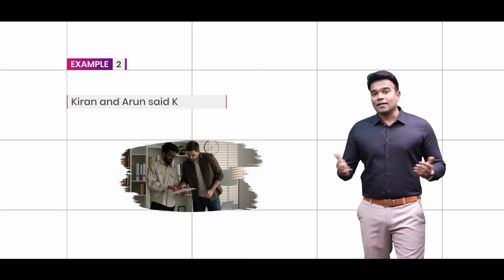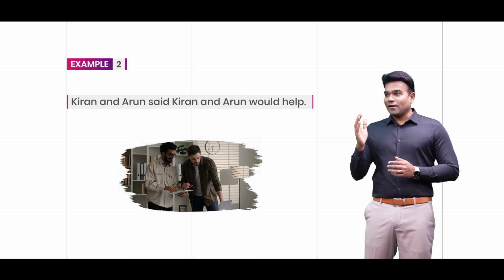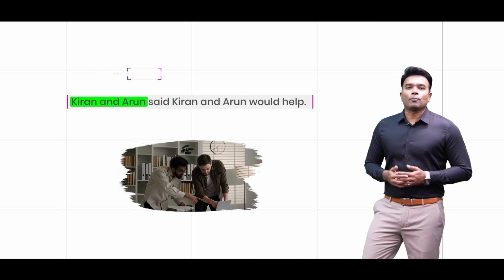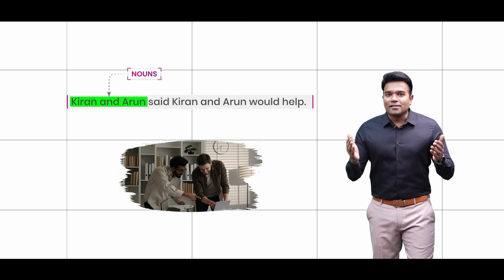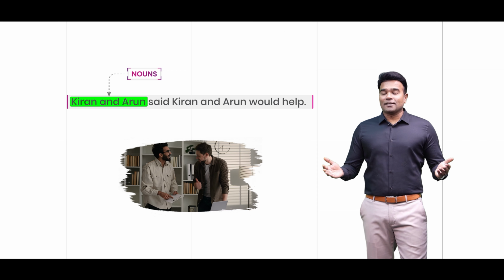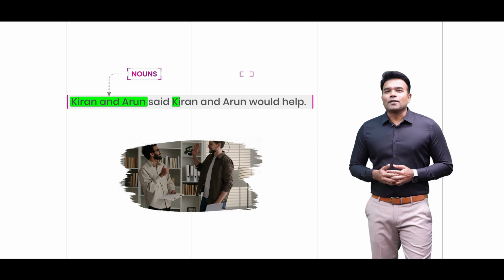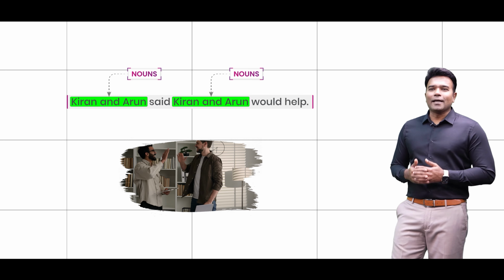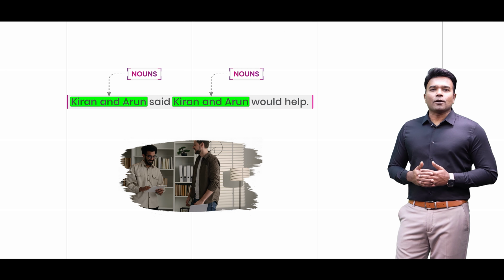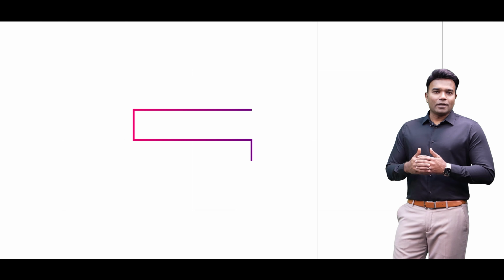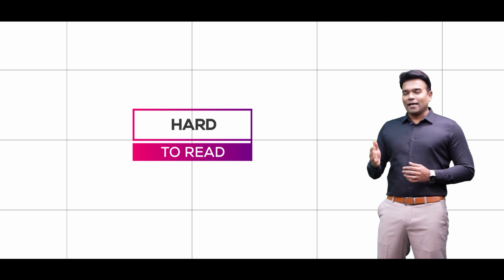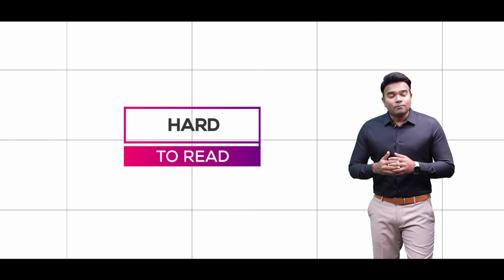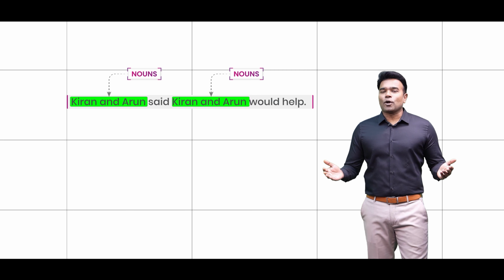Kiran and Arun said Kiran and Arun would help. Again, in this sentence, Kiran and Arun are the nouns present, but this sentence appears cumbersome because the same nouns have been repeated, and due to this repetitiveness, it is a less readable sentence and more cumbersome. So what do I do to avoid this?